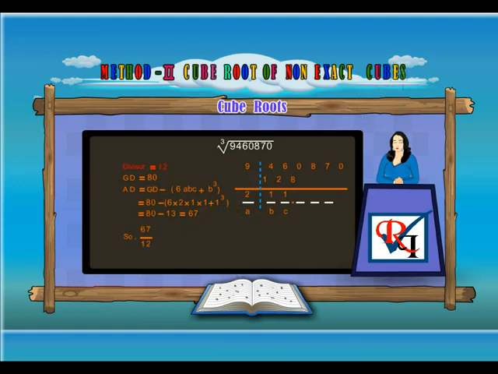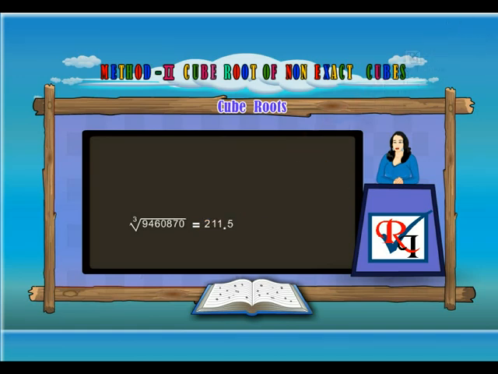Divide this actual dividend by our divisor. We get our quotient as 5 and remainder as 7. So write the remainder here and the quotient here. And here we get our answer, 211.5, which is the cube root of 9460870 up to 1 decimal point.